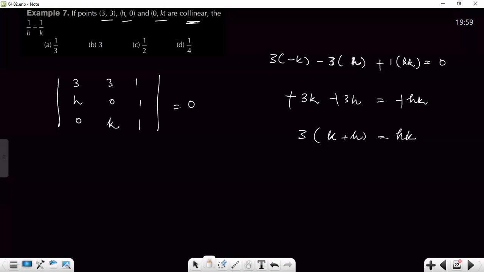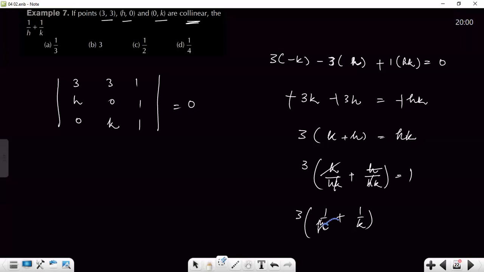Now let's bring the hk to the left hand side. 3 into k by hk plus h by hk is equal to 1. k cancels k, h cancels h. This becomes 3 into 1 by h plus 1 by k.